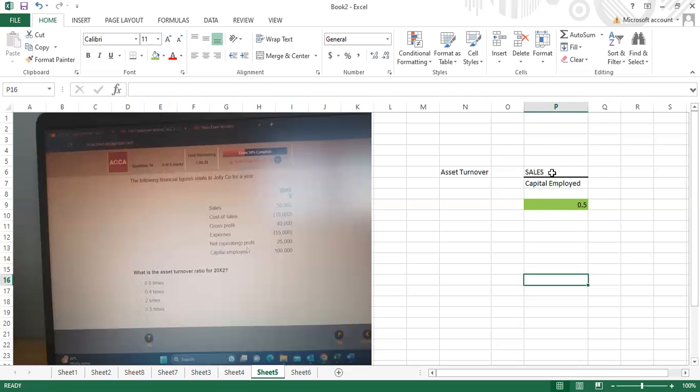If you don't remember it, you will think this is very difficult, and you will skip this question, or maybe do the wrong calculation. You need to remember that it is sales divided by capital employed. Don't write net profit here. Here you would write in asset turnover. We always divide like this: sales divided by capital employed, and you will get the right answer. Simple one. And I think this is the simplest formula in your book.